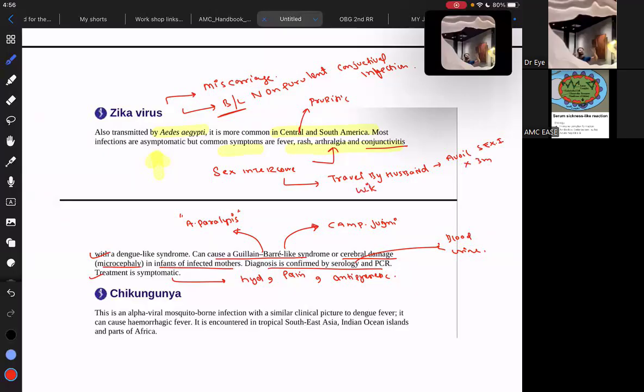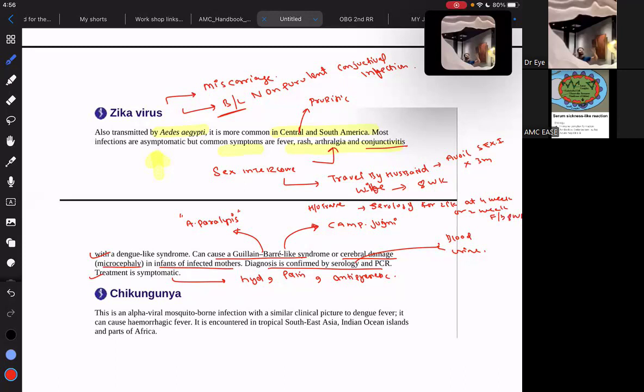If there's a history of travel by the wife, then make sure you avoid it for 8 weeks. And if there's a history of travel for both, then you have to go for serology for Zika at 4 weeks or 2 weeks, followed by 8 weeks.